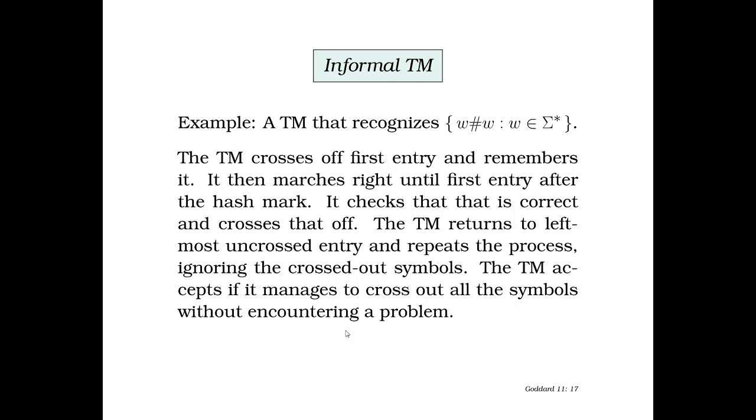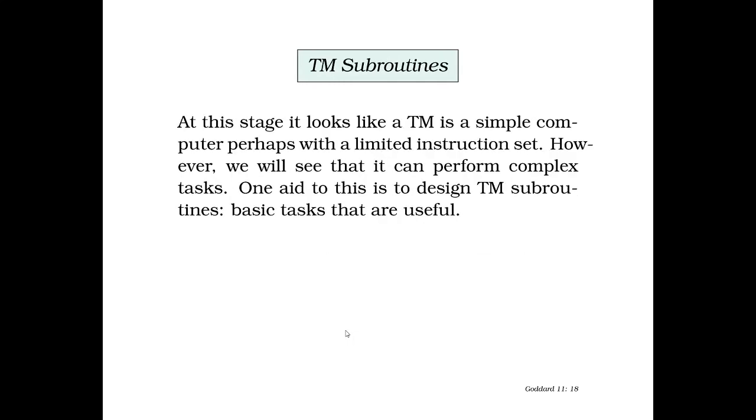If it is correct, it crosses that off, returns back to the leftmost uncrossed entry, and the process repeats itself. It ignores the crossed out symbols. So this Turing machine will accept if it is able to cross out all the symbols without encountering any problem.